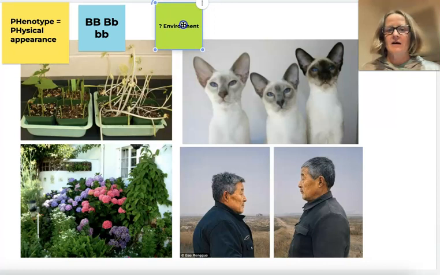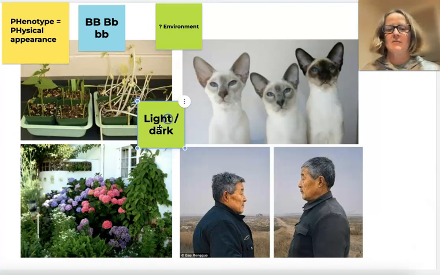So here we have a few different environmental effects on different organisms. So over on the top left, we have some plants. Some have been grown in the light and some have been grown in the dark. And you can see that the phenotype has been affected. So if it's grown in the light, you've got lots of leafy green plants, kind of typical plant look.